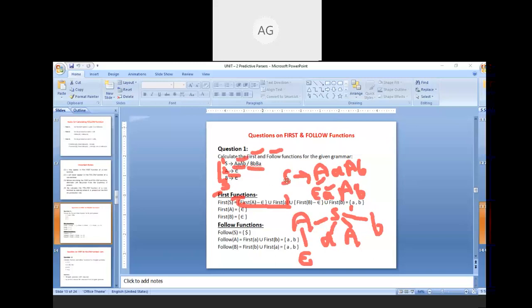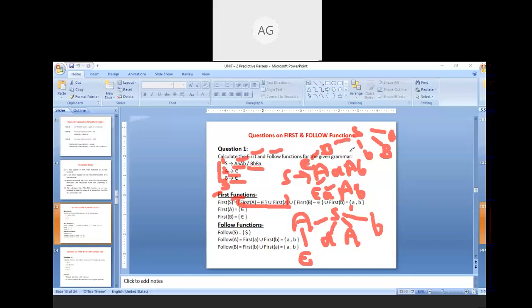Similar thing you can apply to the second production, S produces B A. So you can draw the diagram as S produces B, then B, and then A. After that, you need to check whether any production starts from B. So here you can see B produces epsilon. So you need to replace that B with epsilon.